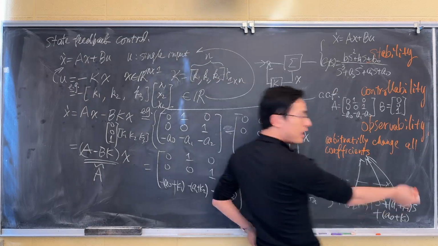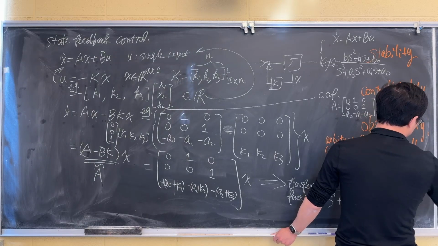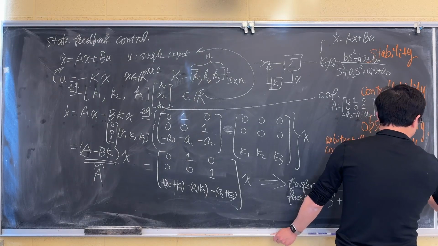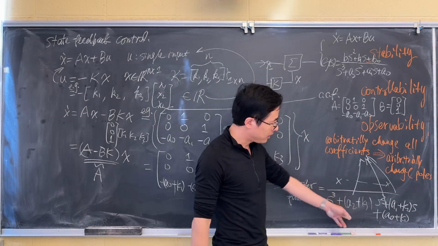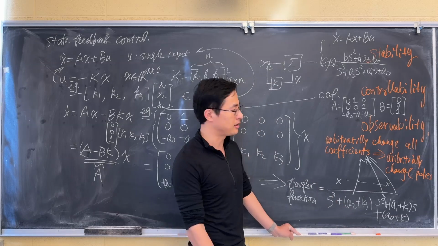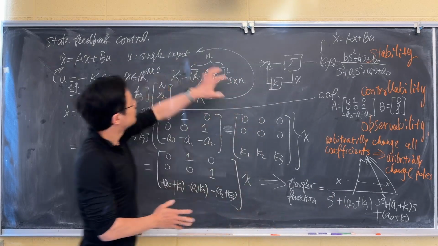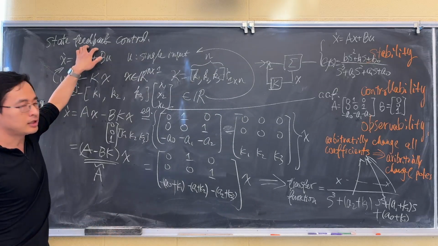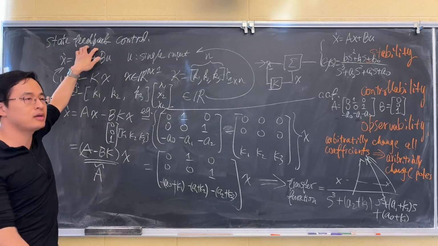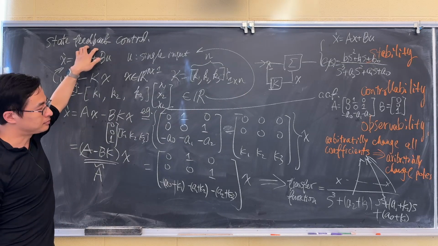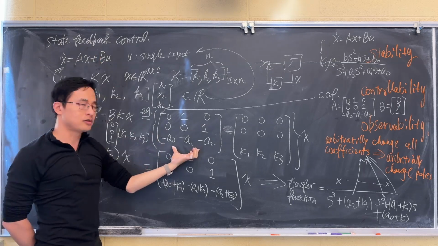In other words, we can arbitrarily change stability. More specifically, we can arbitrarily change the poles of the system and hence change the stability. That is the power of state feedback control. If we can do this, then we can design the poles to anywhere we want. So that's the conclusion: a very powerful control technology if it is in controllable canonical form.